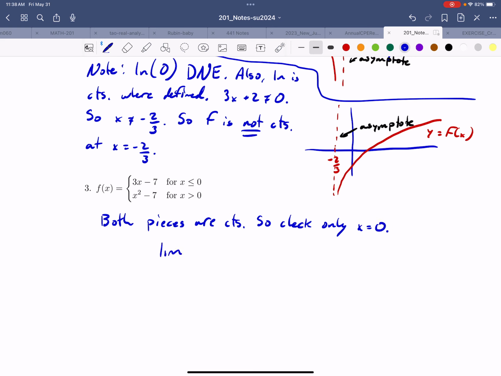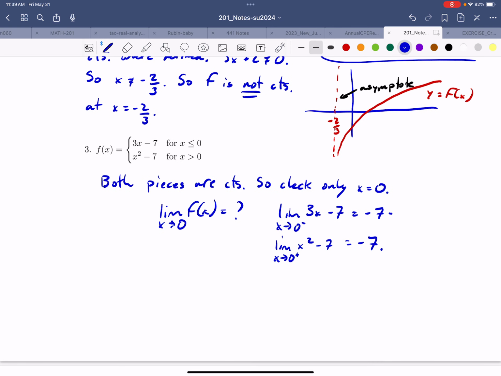So the limit as x approaches 0 of f of x, well, not too sure, because it's a piecewise function. Let's just jump to the left piece. That equals -7. Limit as x approaches 0 from the right of f of x. Oh, look at that. It also equals -7.